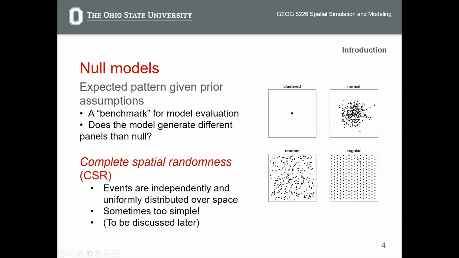Or perfectly regular, right? In the real world, when you find a spatial pattern, it's somewhere between them. It's not likely that a lot of geographic entities follow a regular spatial pattern or a purely clustered spatial pattern.